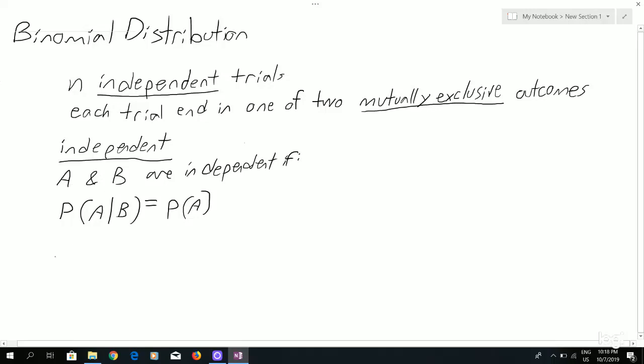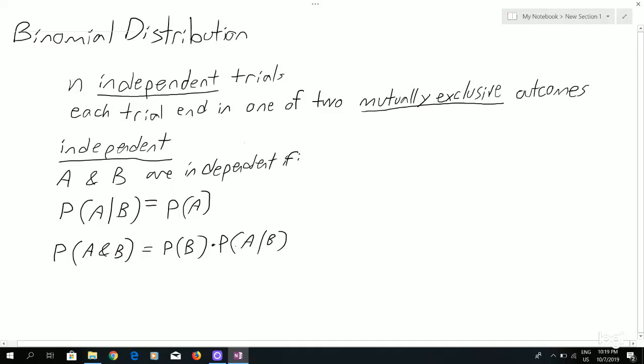So what does that mean? If we look at the formula for the probability of A and B, before we would say that this is the probability of B times the probability of A given that B already happened. Because for A and B to occur, you need B to happen, and you need A to happen under conditions that B already happened.